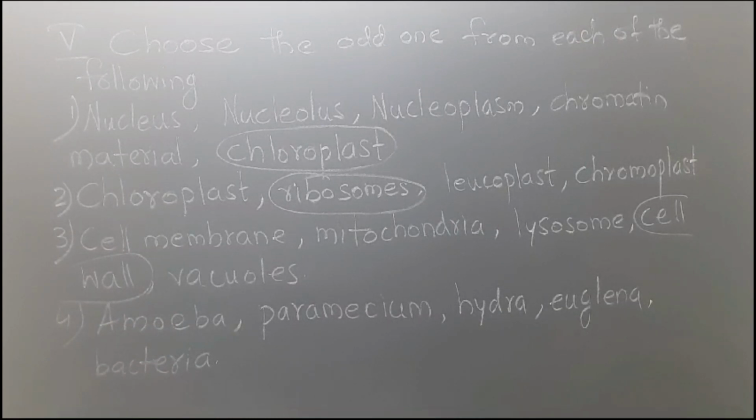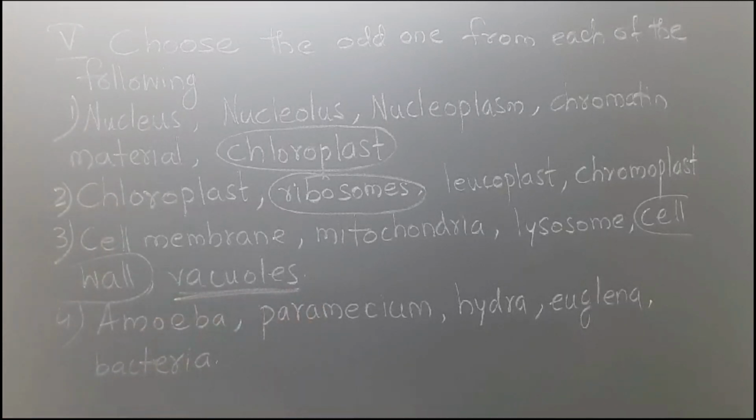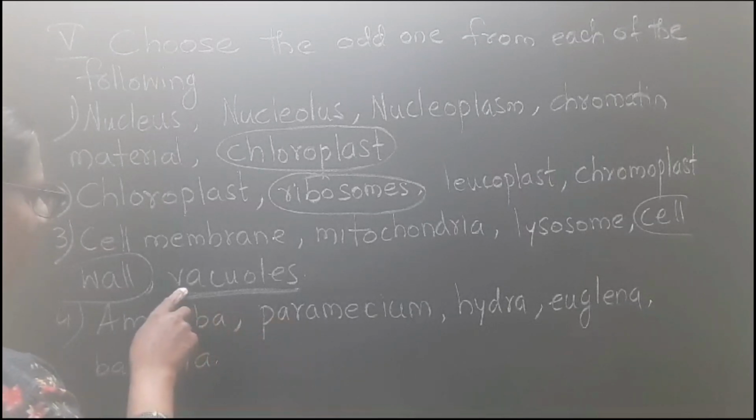And vacuoles, this vacuoles also, animal cells either do not have, or even if it is there in animal cells, it will be very small. So this you need to notice.